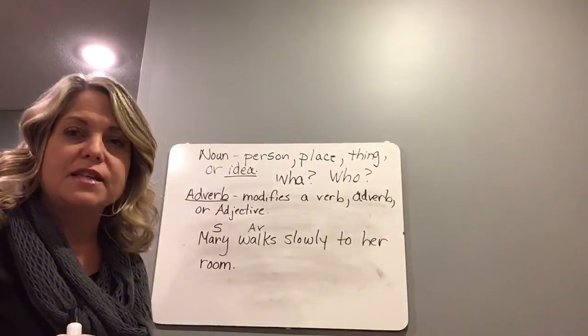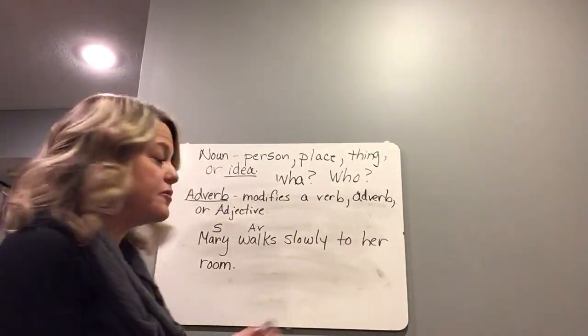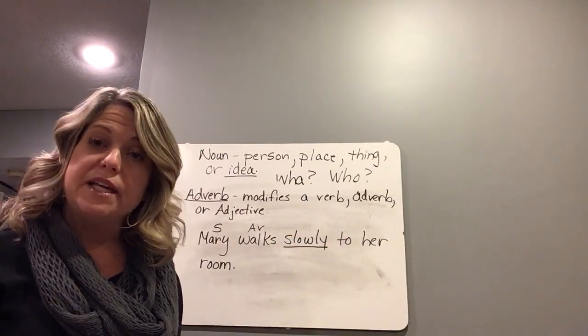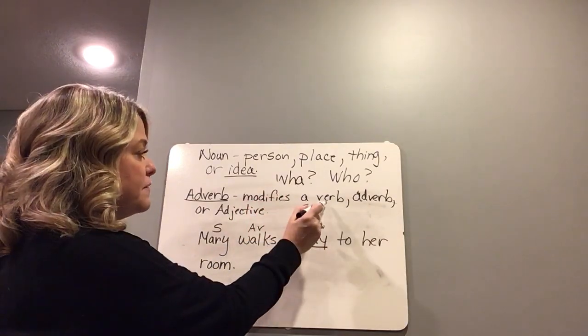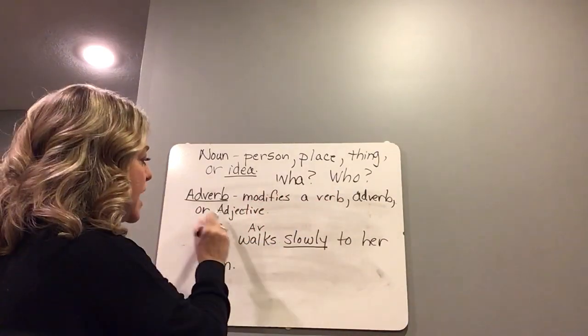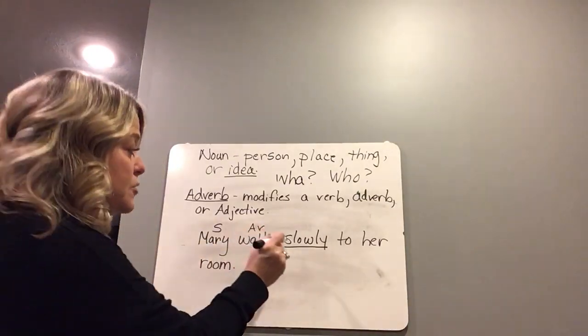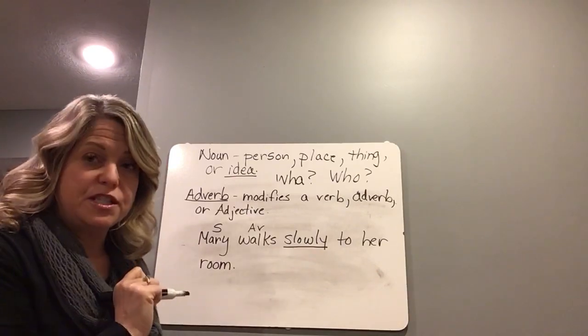But the point of us looking at this particular sentence today is to decide, is there an adverb? There is an adverb. The adverb is slowly. And adverbs can modify or describe verbs, other adverbs, or adjectives. In this case, I know that the word slowly modifies walks, which is the verb.